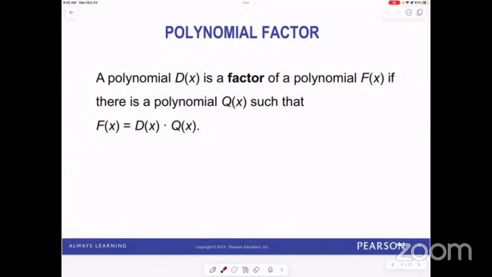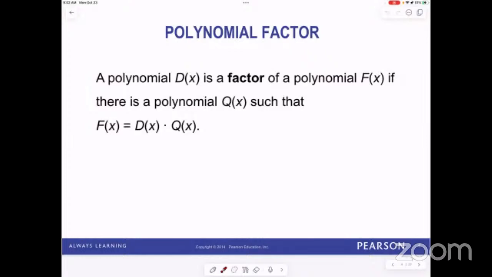So we have this thing called a polynomial factor. A polynomial d of x is a factor of a polynomial f of x if there's a polynomial q of x such that f of x equals d of x times q of x. Dividend, quotient, remainder, divisor.